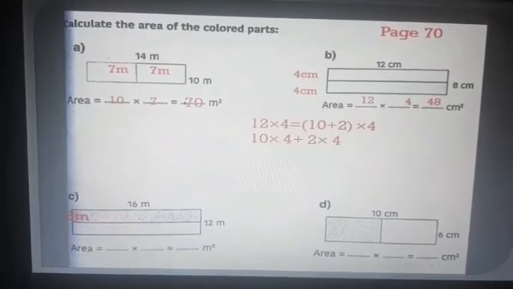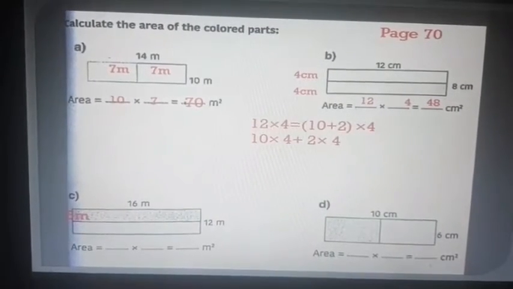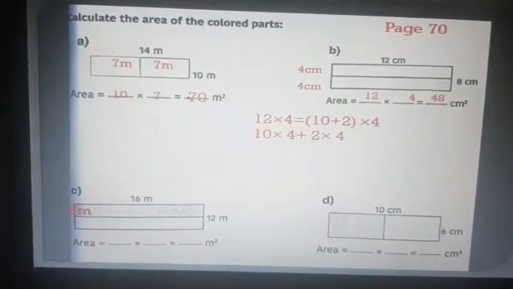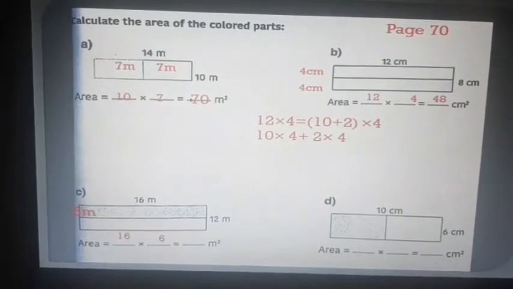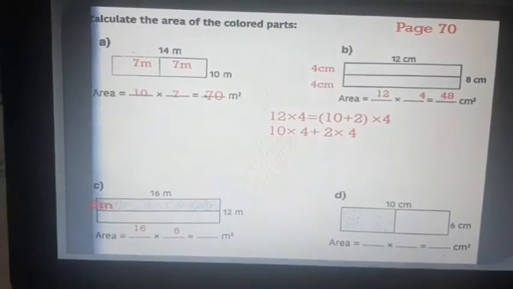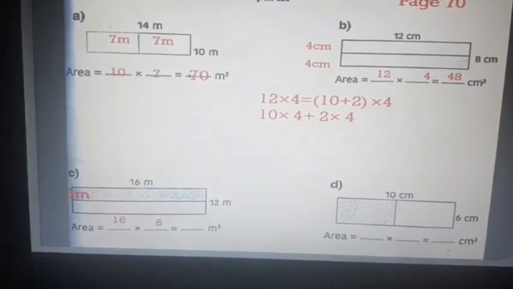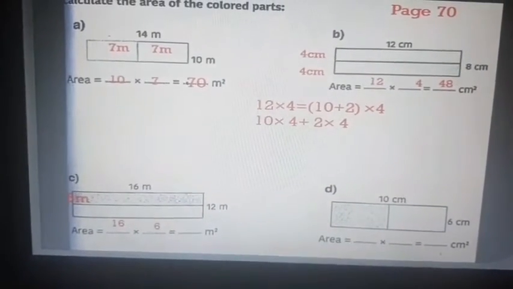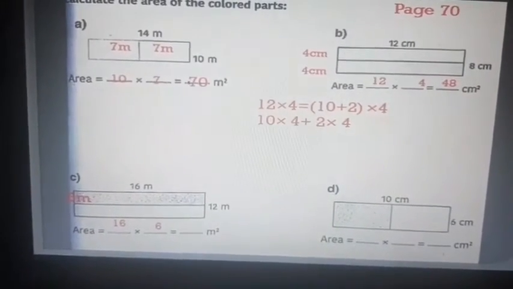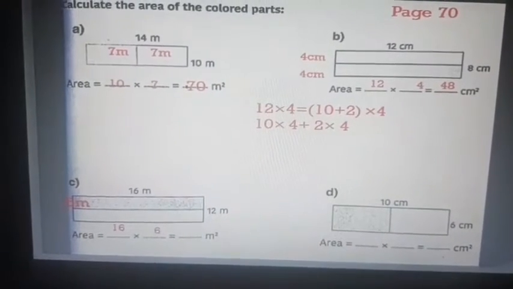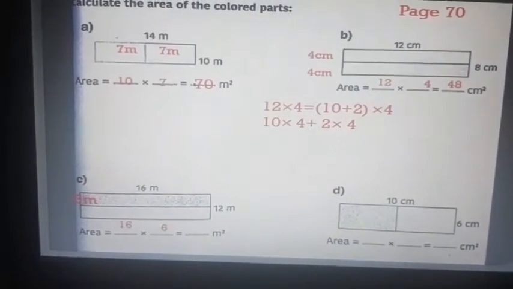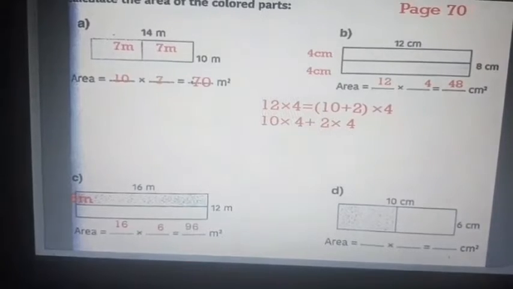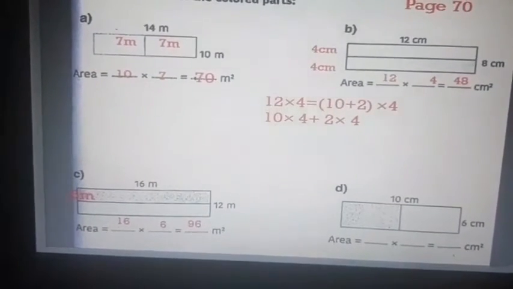So I have a rectangle with 2 dimensions, 16 and 6. So 16 times 6, I will divide 16 into 2 numbers. 16 is 10 plus 6. Okay, so 6 times 10 plus 6 times 6 will be 96 meters squared.